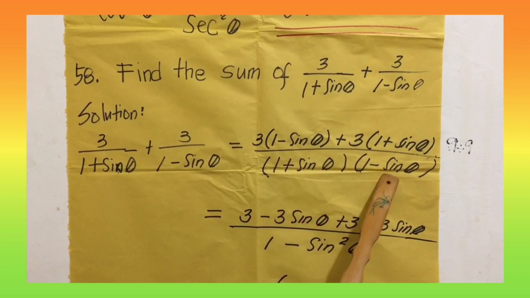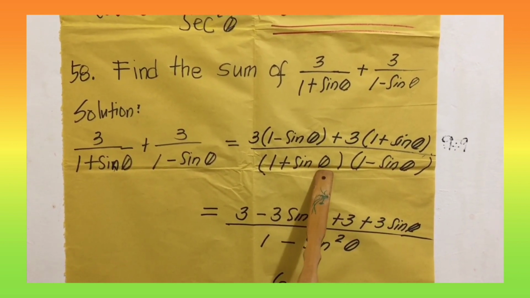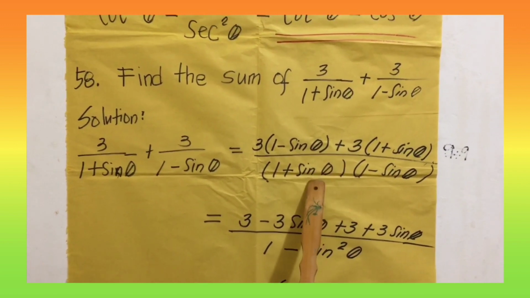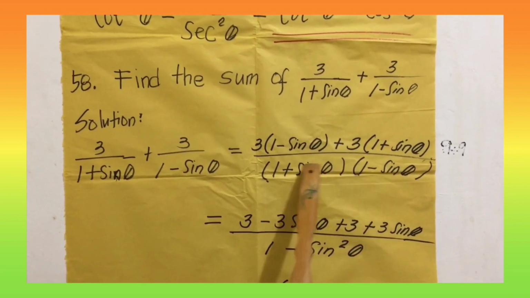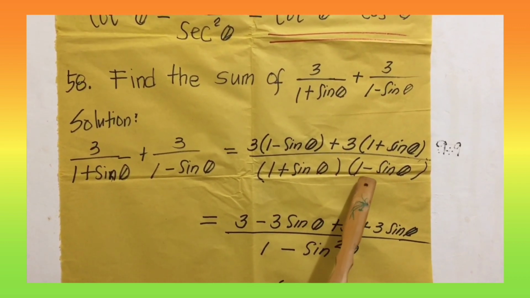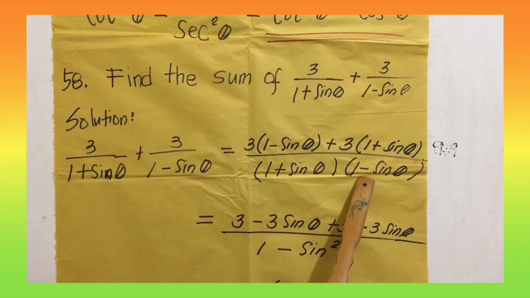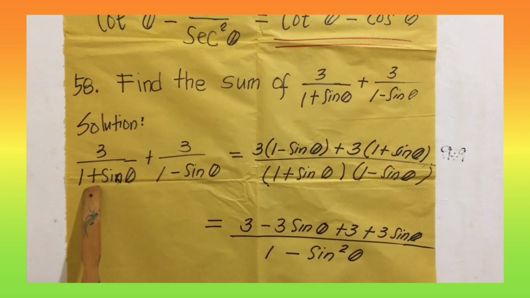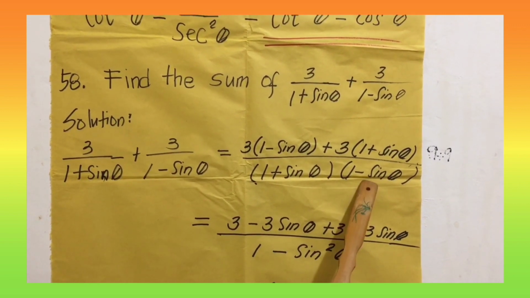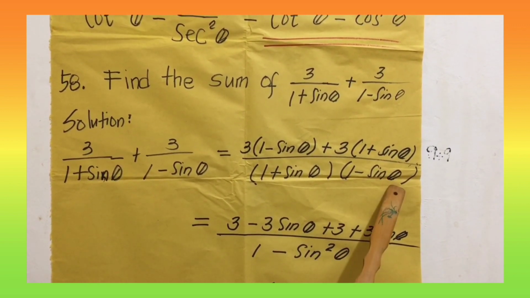Our target is to multiply this for our LCD. And after knowing that this is the LCD, we're going to divide it by 1 plus sine theta. So this will be the same, so cancel. So the remaining is 1 minus sine theta.